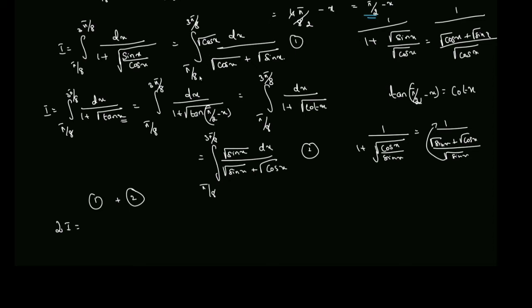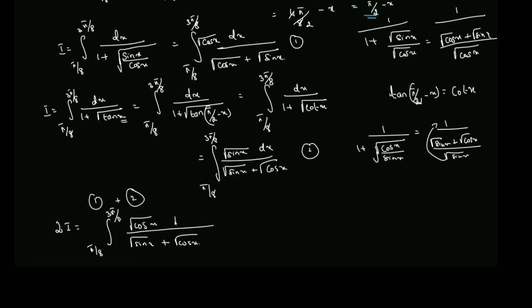The right hand side is the integral from pi by 8 to 3 pi by 8 with the same denominator, root sin x plus root cos x, and the numerators added: root cos x plus root sin x, dx.